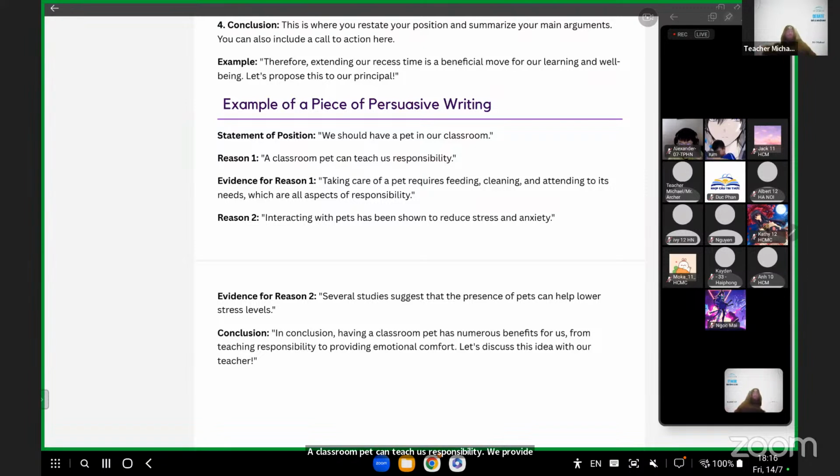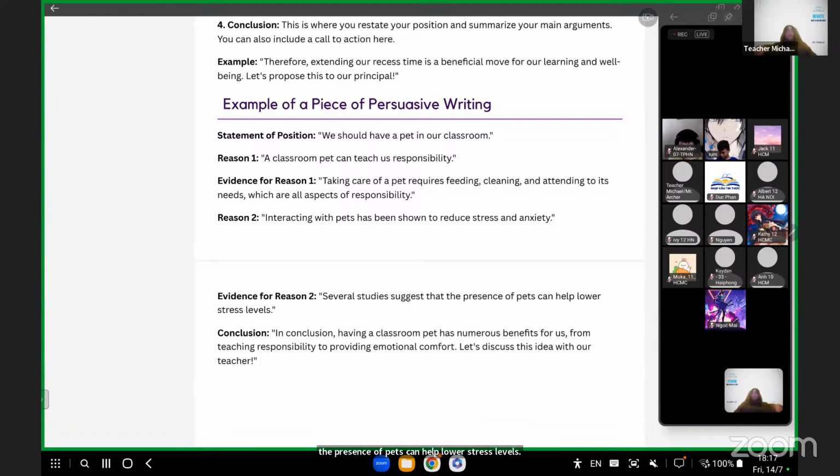Taking care of a pet requires feeding, cleaning, and attending to its needs, which are all aspects of responsibility. Reason 2, interacting with pets has been shown to reduce stress and anxiety. Evidence for reason 2. Several studies suggest that the presence of pets can help lower stress levels.